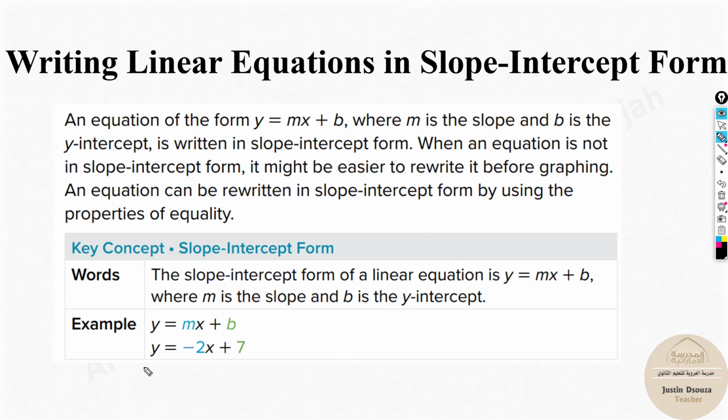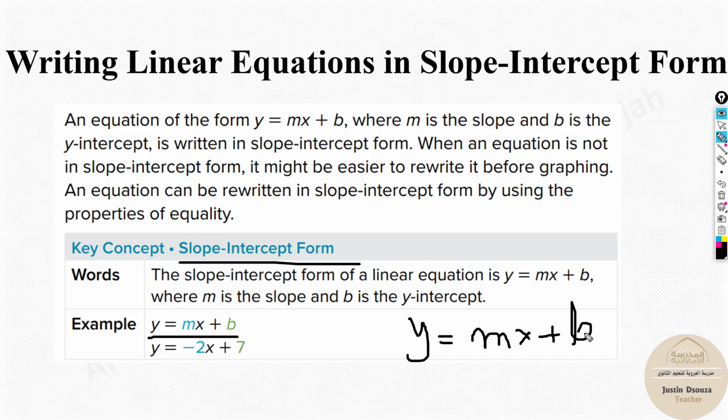Now, these linear functions can be written in slope-intercept form, which is this formula. Y equals mx plus b. Please remember this always. This is a very important formula which you'll come across many times in the future as well. Y equals mx plus b, where m is the slope and b is the y-intercept value.